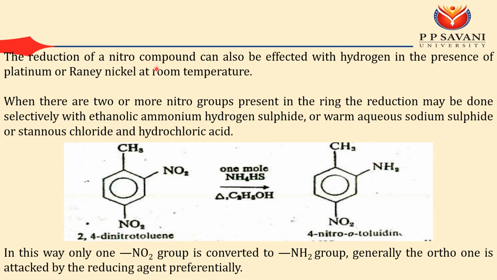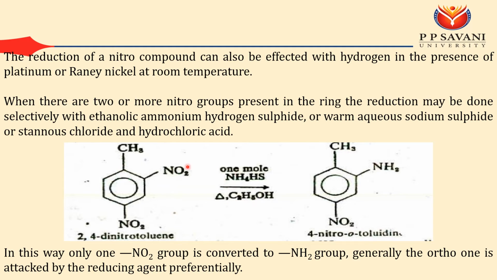The reduction of nitro compounds can be effected with hydrogen in the presence of platinum or Raney nickel at room temperature. Suppose you have two nitro groups in the same compound, and you use a reagent like NH4HS, ammonium hydrogen sulfide, in alcohol.